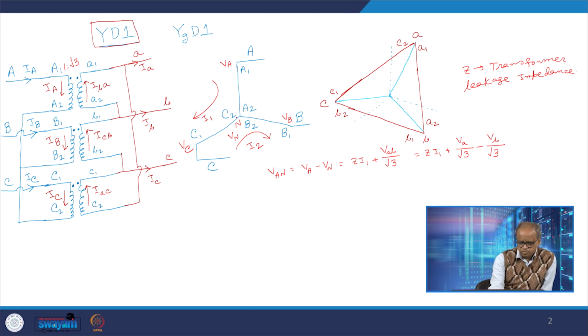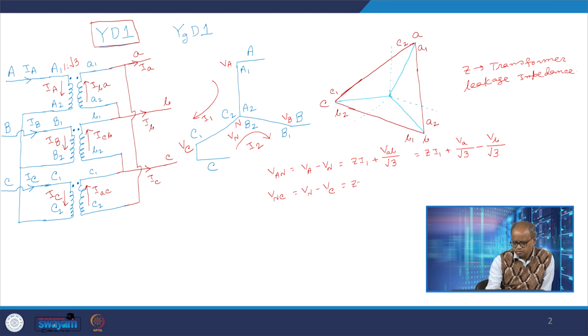And now if we look at this term VNC, that is Vn minus Vc. In this branch the net current flowing in this direction is I1 minus I2.